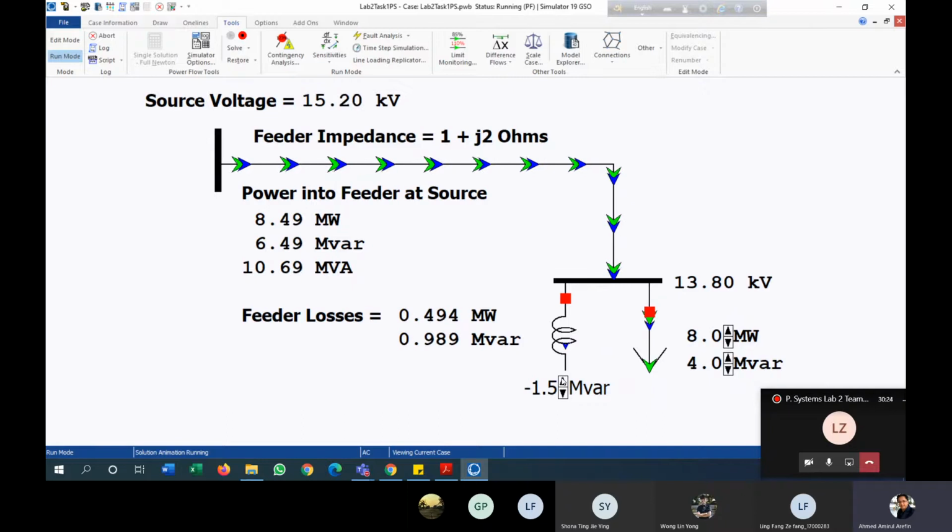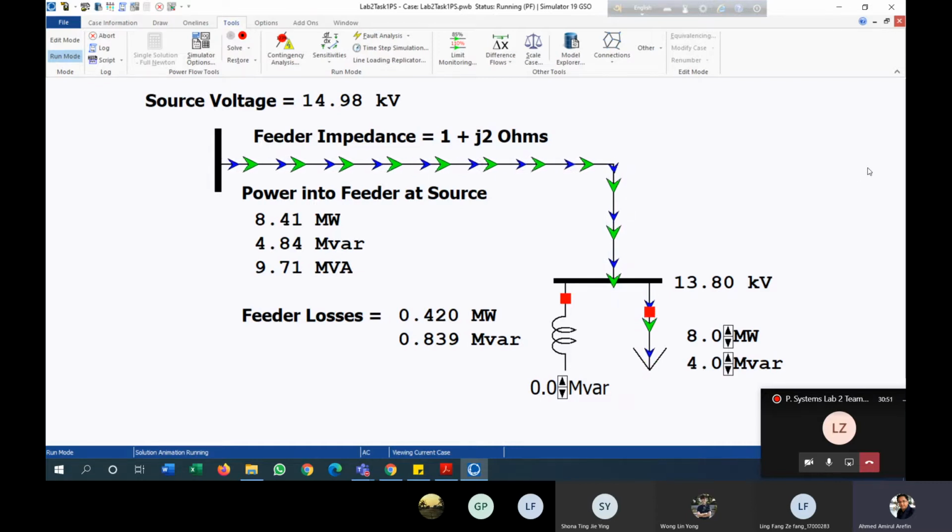So what you need to do at the initial stage, what is the voltage regulation? First you can make a table. Okay, once the reactor value is 0 MVA, what is the source value, I mean the sending end voltage and the receiving end voltage, and what is the voltage regulation.